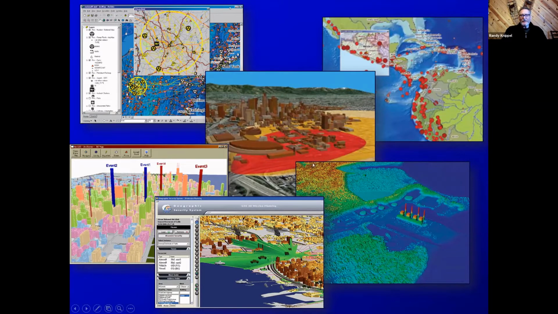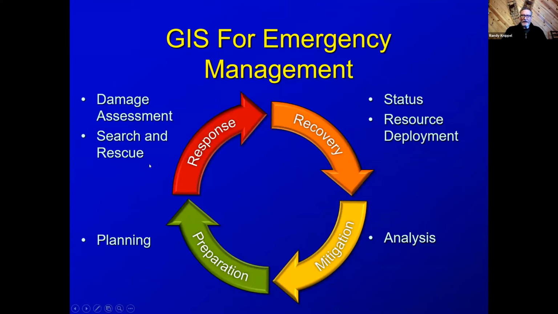But when we think about GIS for emergency management, it applies in a variety of ways to each of these phases. In the response phase after an event occurs, we can use GIS to assist with damage assessment and search and rescue. In the recovery phase, where we're trying to bring things back to normal, we can track status and resource deployment.